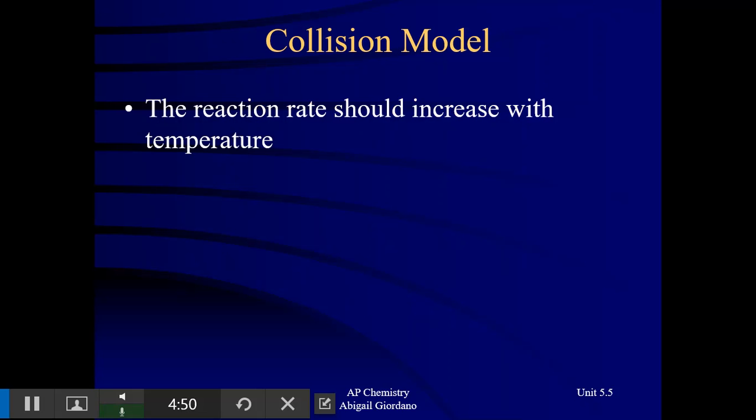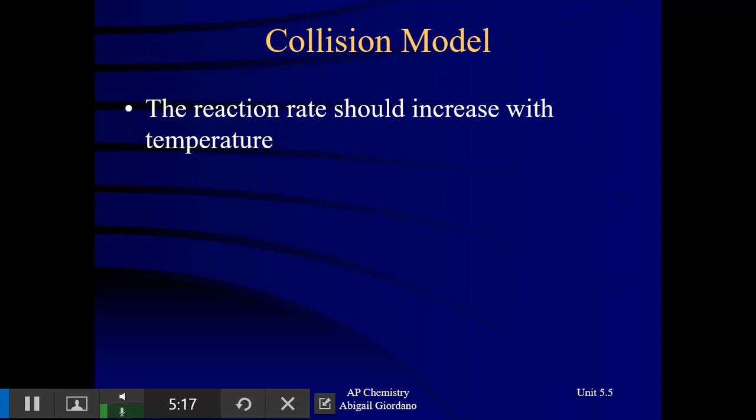Now, sometimes you'll be asked questions relating to the collision model that talk about temperature. That's a very common thing to talk about on the AP exam. I want you guys to think about what physically happens to particles when you increase their temperature.